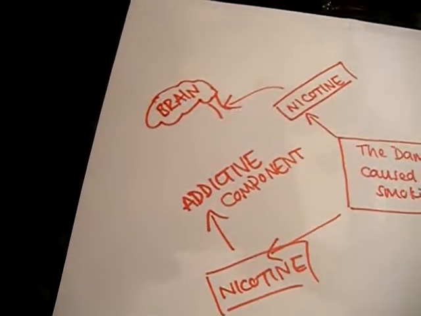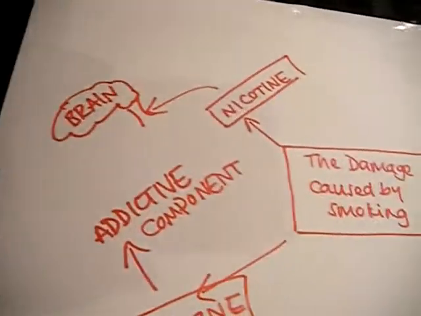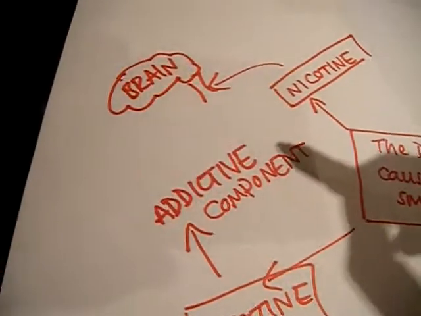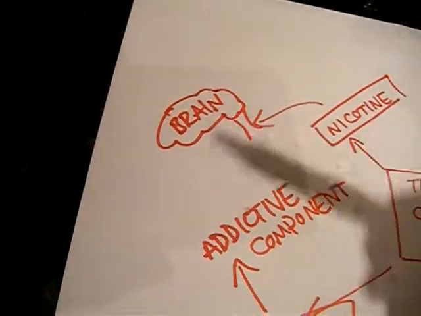It acts on the brain on receptors, and what it does is basically every time you take a drag of your cigarette, the nicotine rushes to your brain and lights up some of the pleasure centres in the brain.